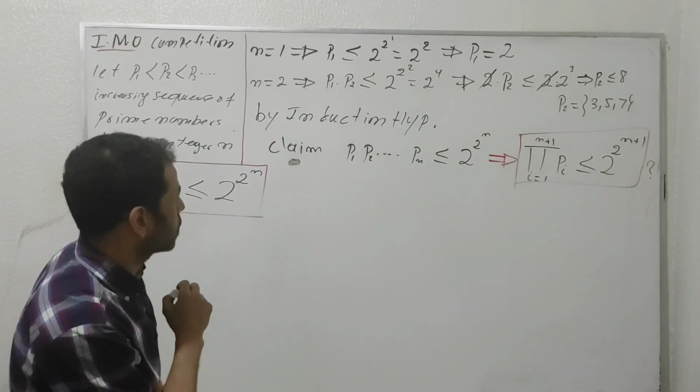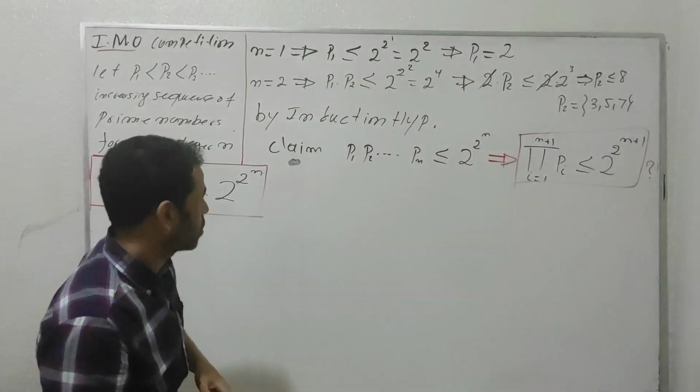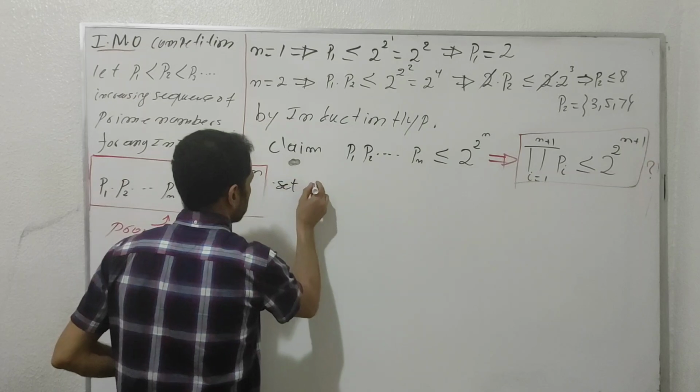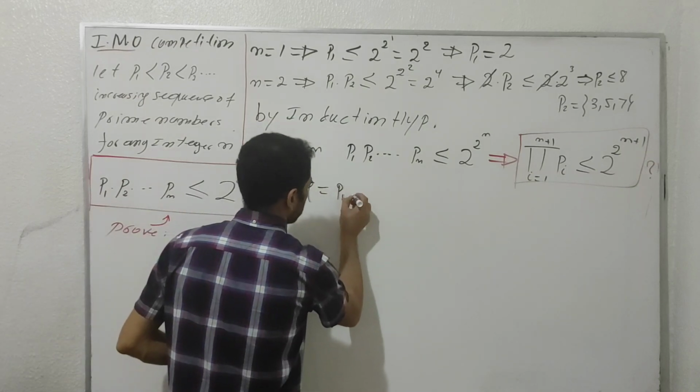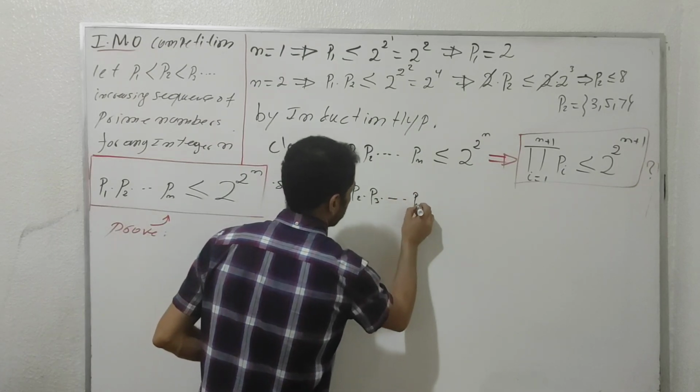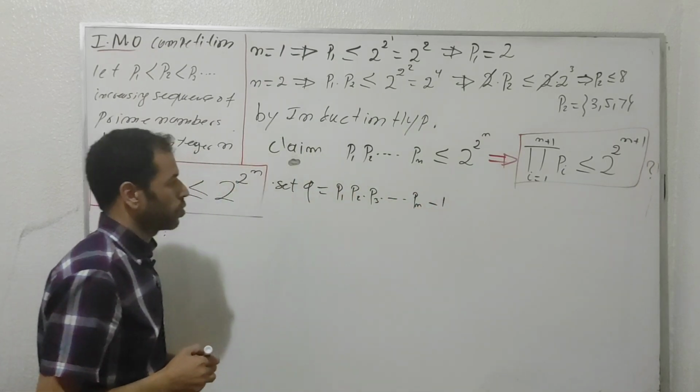Next step, I'm going to define another number. Let's set Q equals P1 multiplied by P2 multiplied by P3 and all the way down to Pn, minus 1.